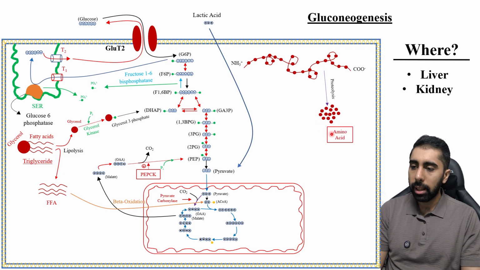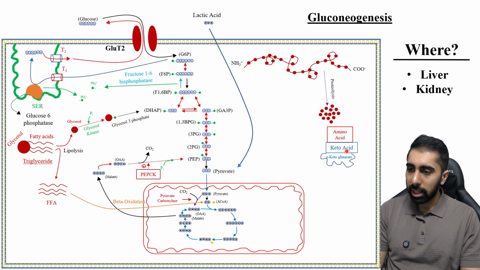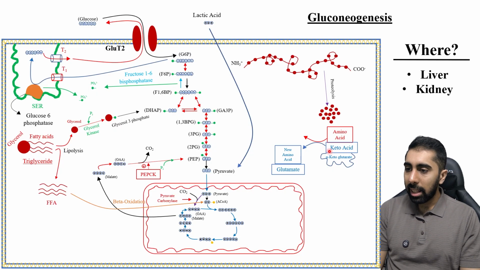Amino acids can do a reaction with keto acids. For example, an important keto acid in our cells is alpha ketoglutarate, and our example for an amino acid can be alanine. Amino acid and keto acid do a reaction that we call transamination, and they can produce new amino acids like glutamate and modified keto acids.